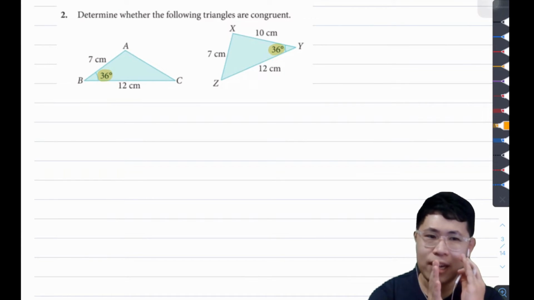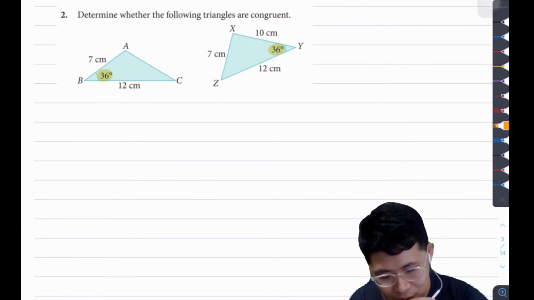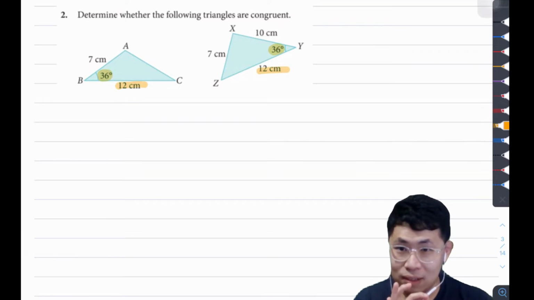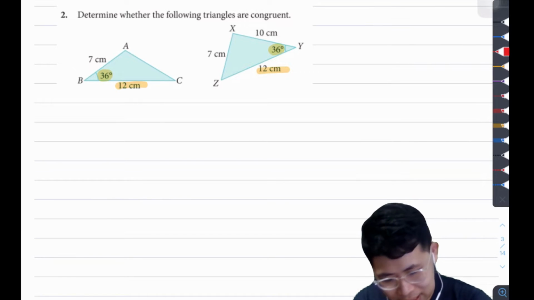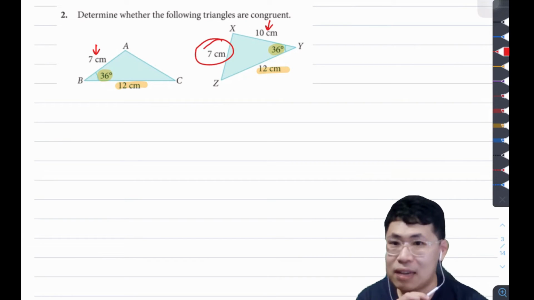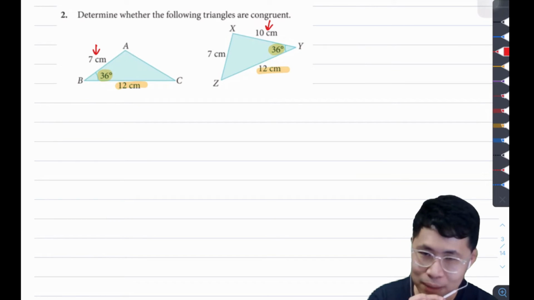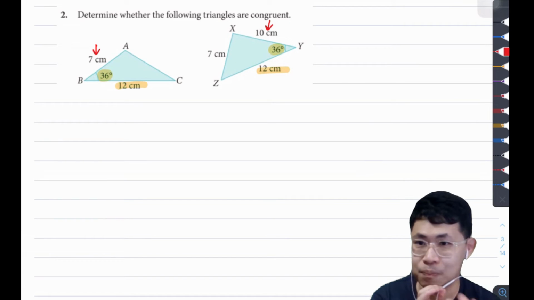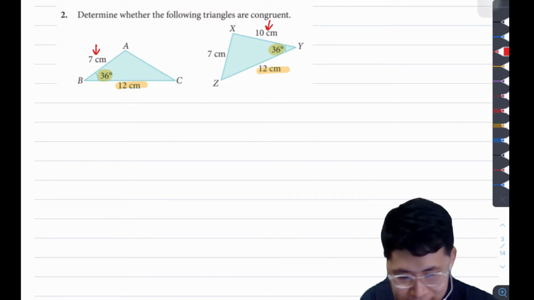So we just need to check the two sides beside it. We have a 12 cm on one of the sides, and the other one is a 7, the other one is a 10. So even though we have a 7 cm on the second triangle, it does not form the 36 degree included angle. So it will definitely fail the SAS test.